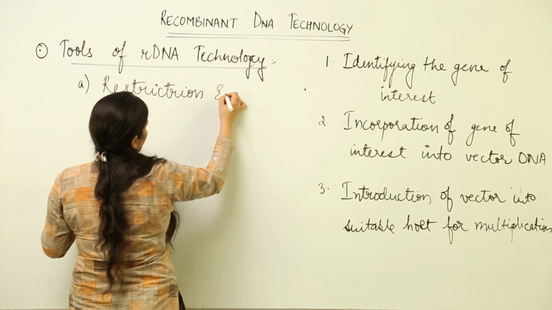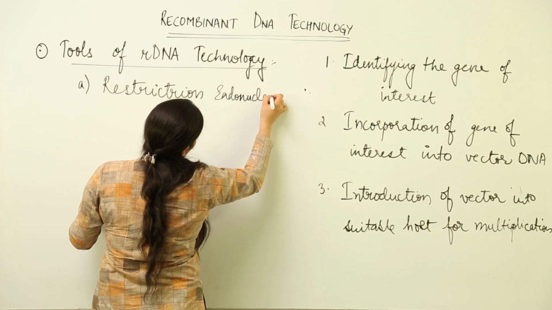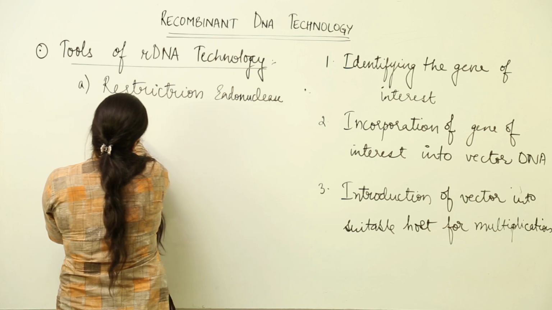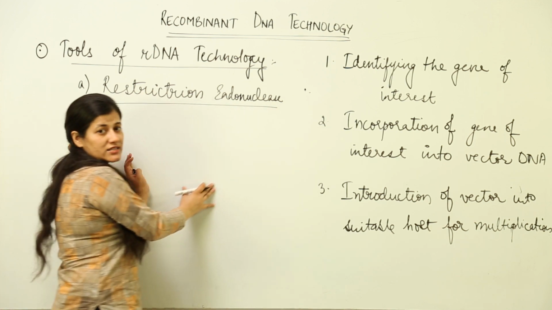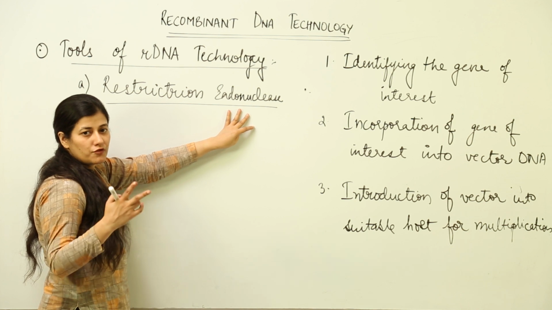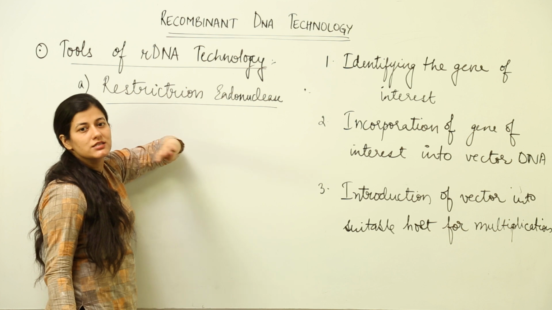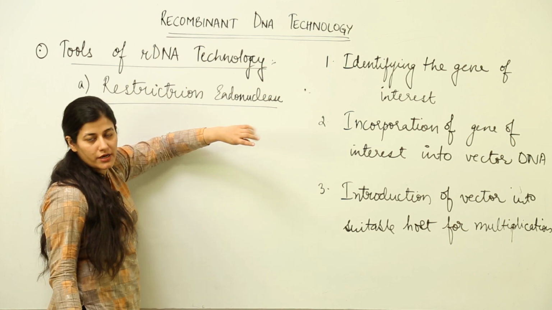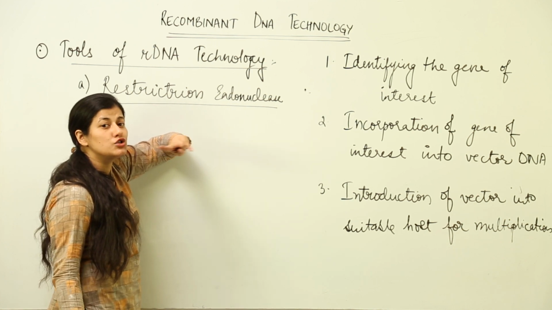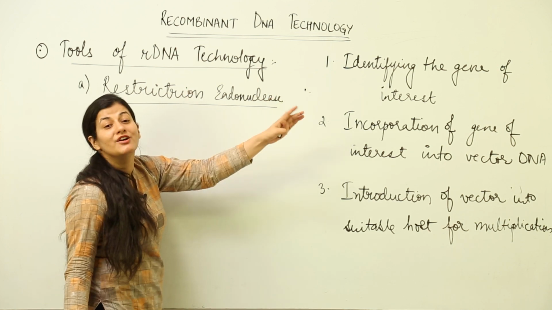As I told you in the introductory lesson also, these are a special class of nucleases. Nucleases are the enzymes which are responsible for cutting the DNA. So, the gene of interest is nothing else but DNA sequence only. That DNA sequence has to be cut from there and brought in contact with the vector.